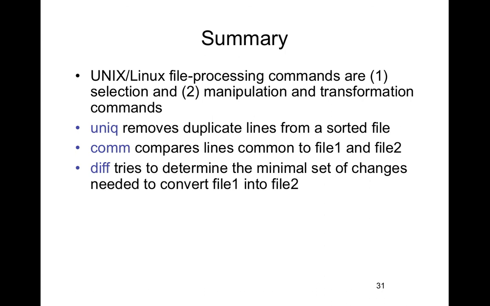So in summary, with the Unix file system commands, we can select information, we can manipulate, and we can transform or translate information. Unix removes the duplicate lines. Comm compares one file with another file. Diff tries to determine what the difference is between the 2 files and gives you the difference, so you can make the change.